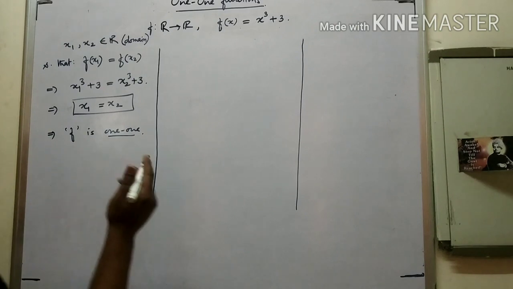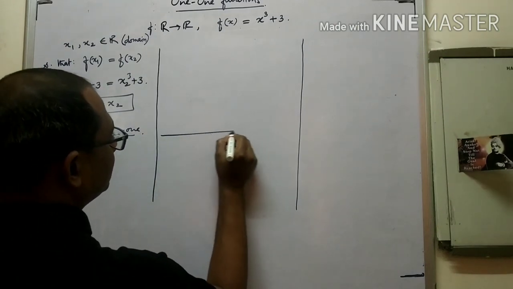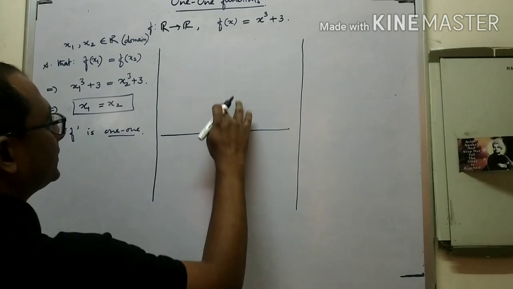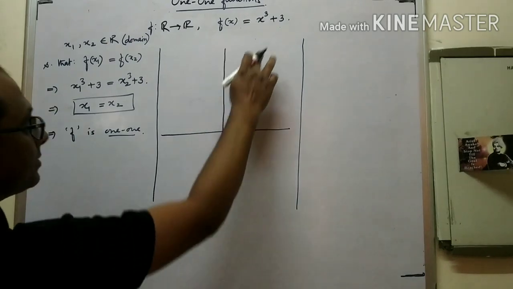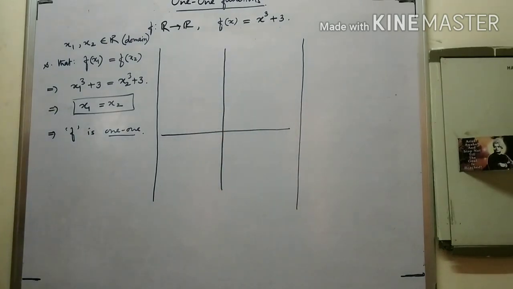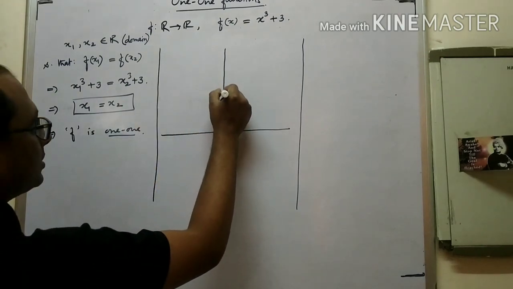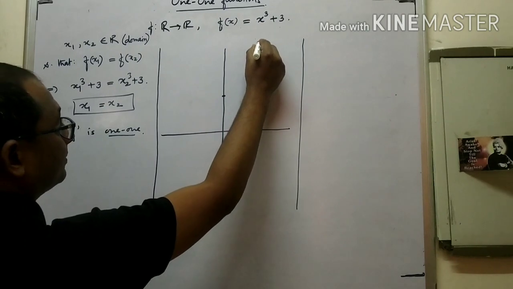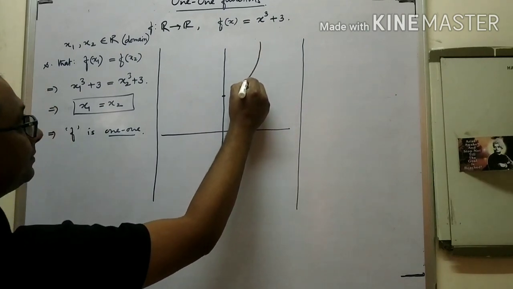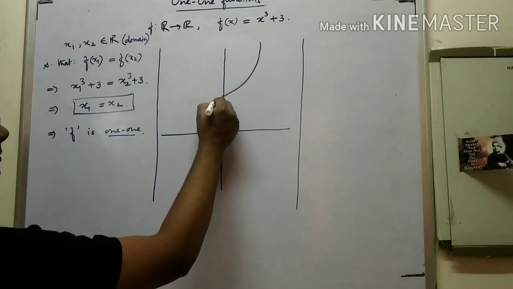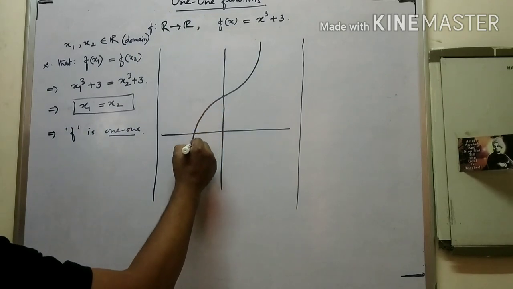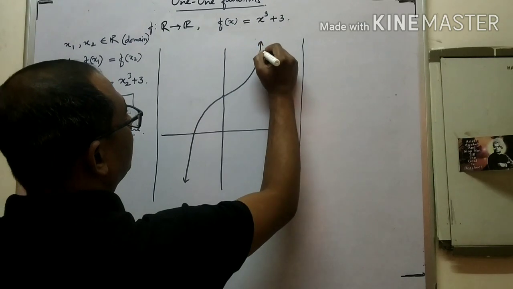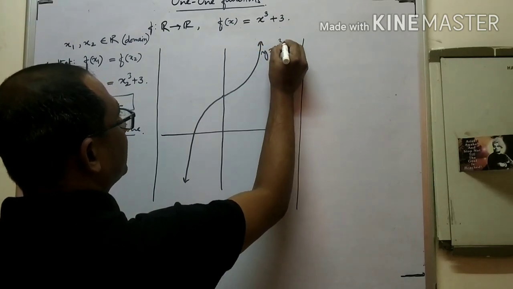The second method, graphical method. We have to draw f(x) = x^3 + 3. It will pass through the point (0, 3). So y = x^3 + 3 will be something like this.